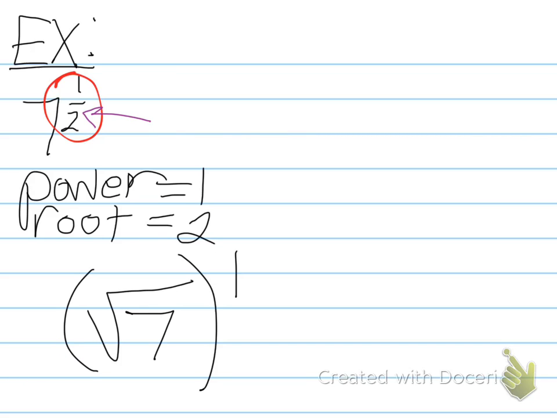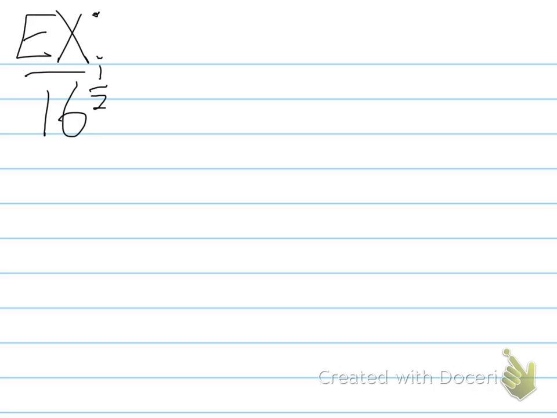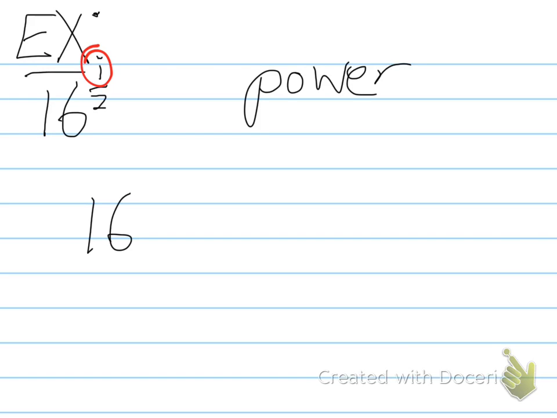Alright, let's look at another example. This one we have 16 to the half power. Our base is 16. Let's identify the power. It's always going to be our top number, and in this case our power is 1, yet again. And our root, this bottom number, is equal to 2.